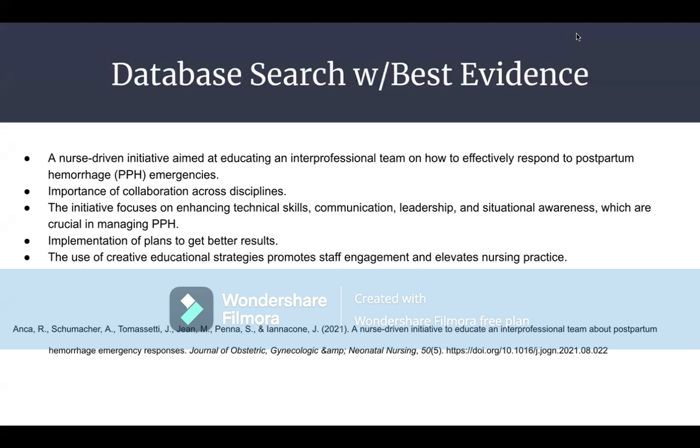The initiative focuses on enhancing technical skills, communication, leadership, and situational awareness, which are crucial in managing postpartum hemorrhage. They believe the use of creative educational strategies promotes staff engagement and elevates nursing practice. Simulations are shown to have a positive effect on the nurse's confidence level and the recognition and initiation of interventions in emergencies, which ultimately could be the difference between life or death with a postpartum patient.